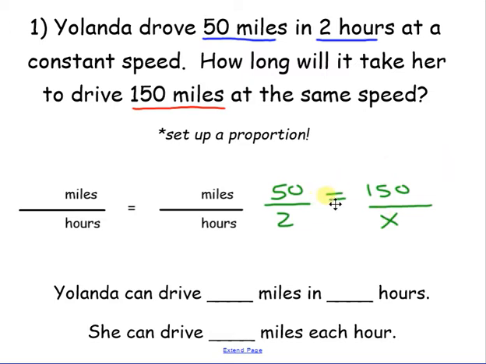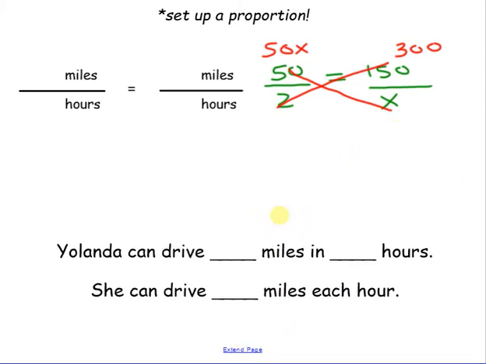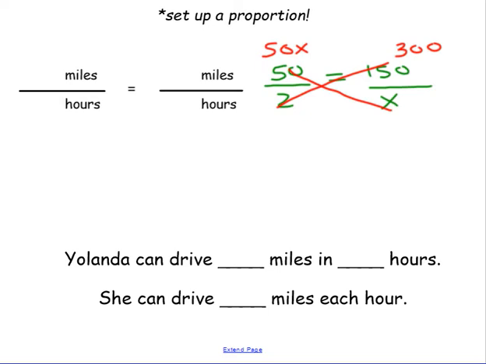So remember that you can solve proportions two different ways. I like to cross multiply. So 2 times 150 is 300. X times 50 is going to be 50x. I need just a little bit of space over here, so I'm going to move this down just a bit. Okay.